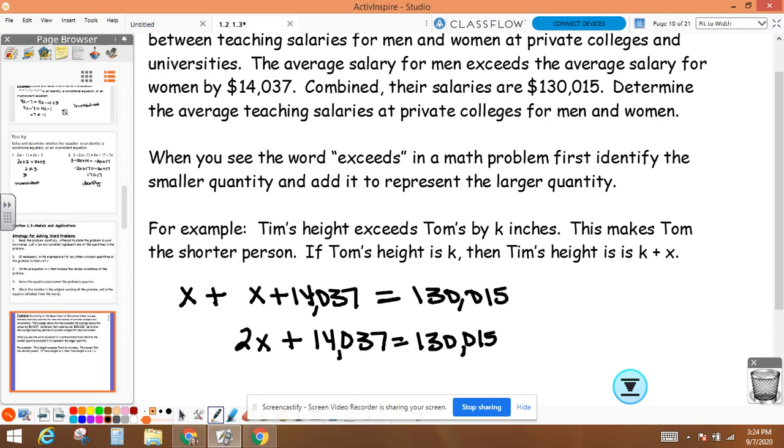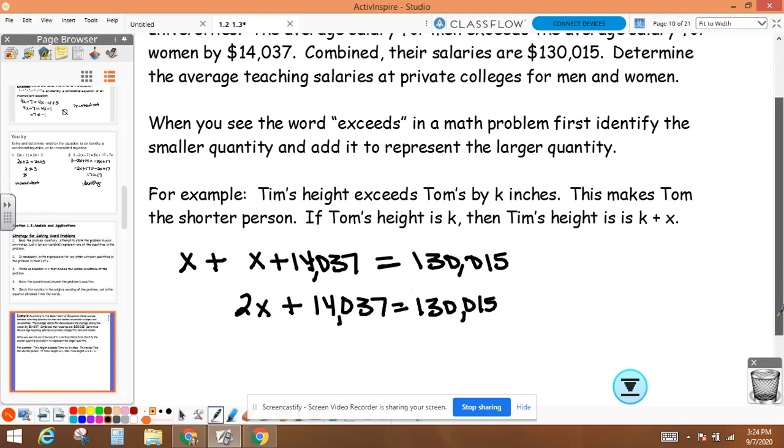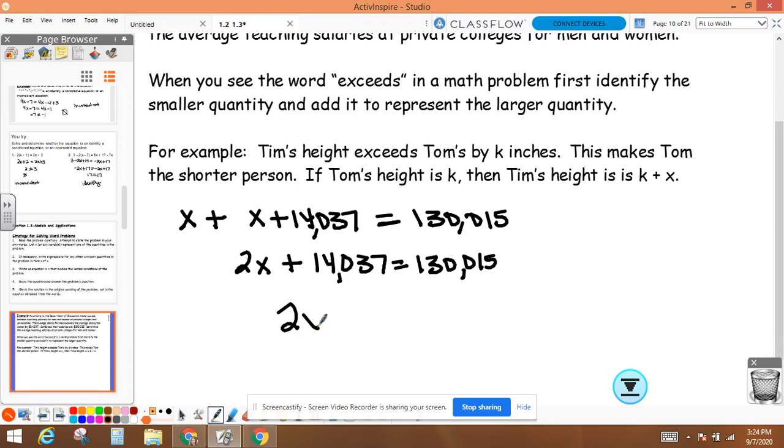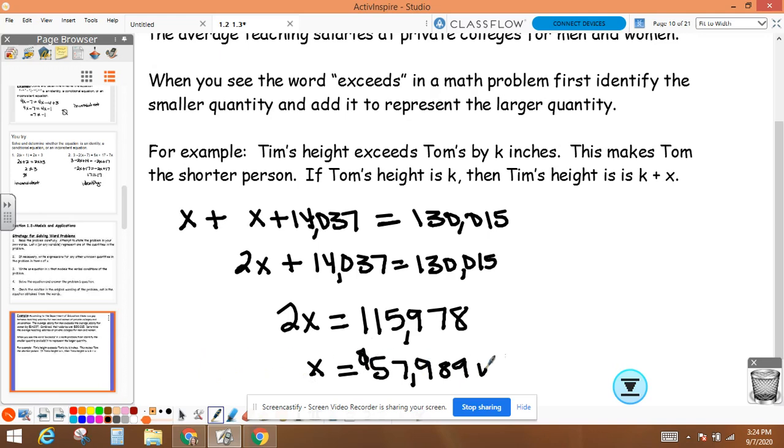So if I subtract the 14,037, then I get 115,978, and if I divide that by 2, I get 57,989. So this is what women make.